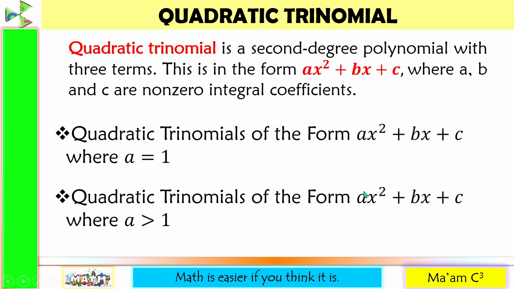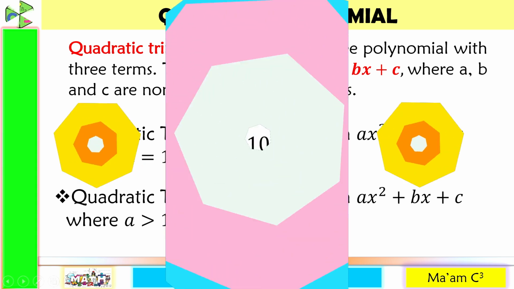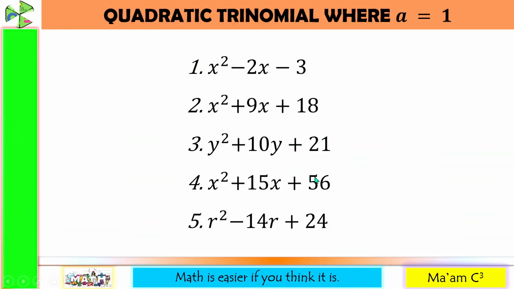So there are constants written in front of the variable raised to the second power. Today, we will focus our discussion on quadratic trinomials where a is equal to 1. And here are some examples. Notice that there is no numerical coefficient in front of the variable raised to the second power. It means that the constant here is simply 1.